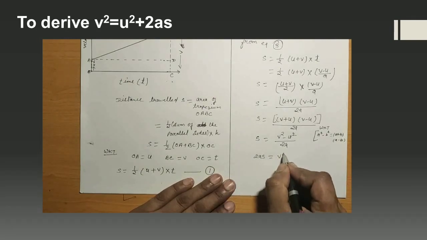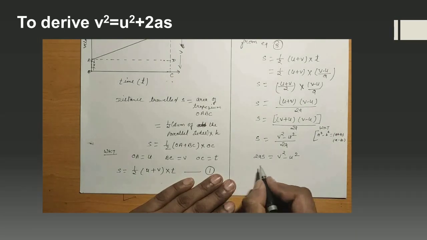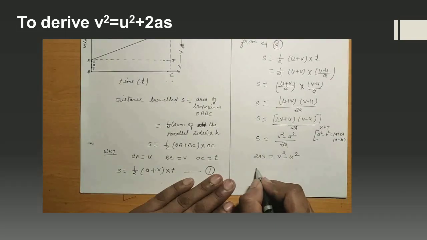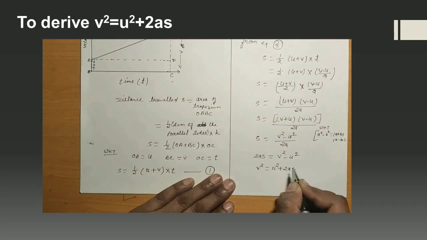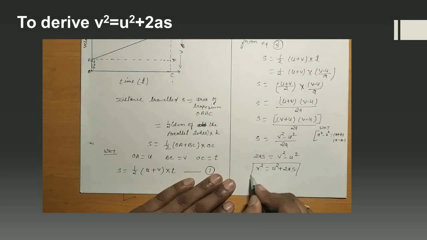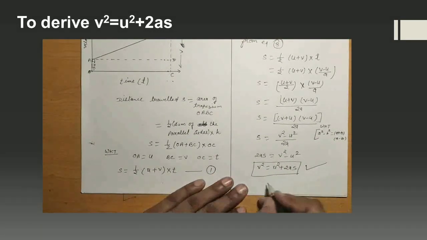Clear? So what is left here? V square minus U square. Now by substituting the values of this, V square is equal to U square plus 2AS. And this is the third equation of motion.